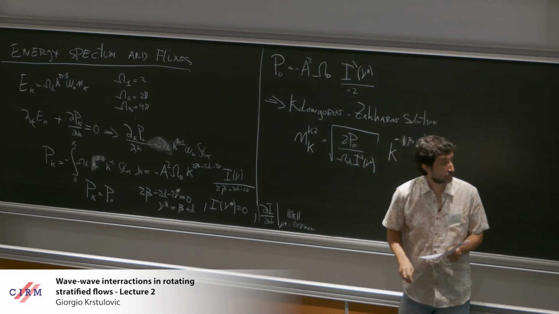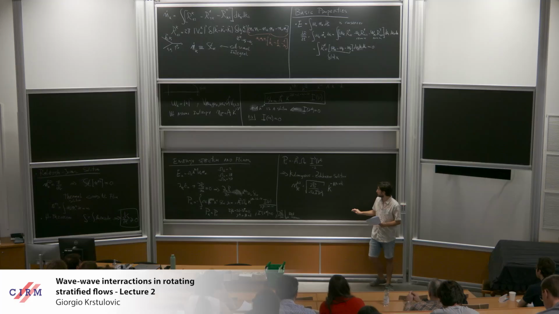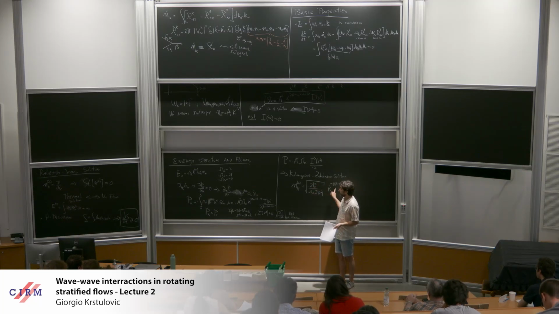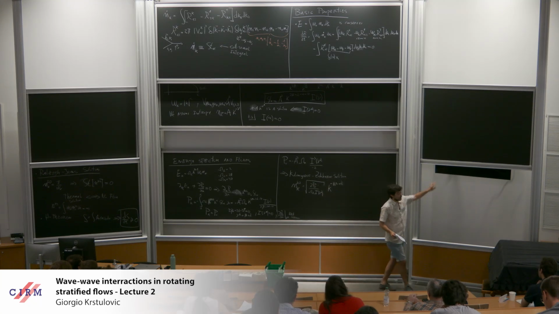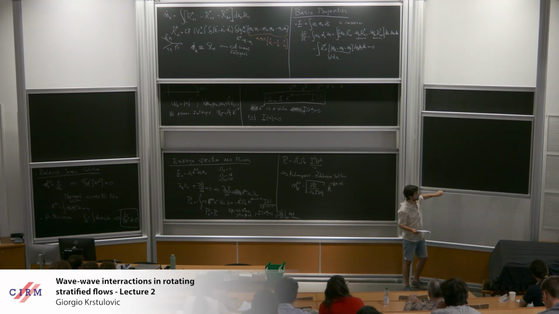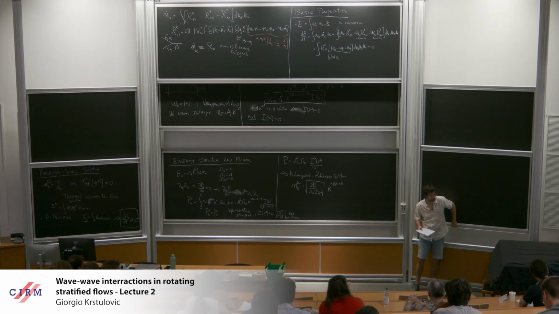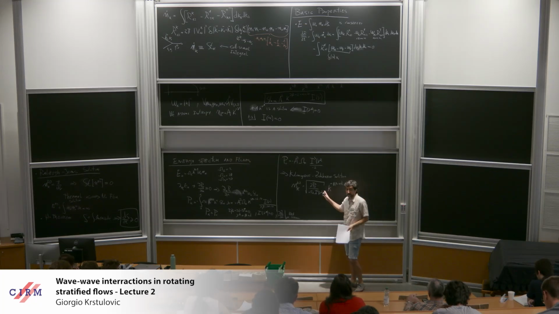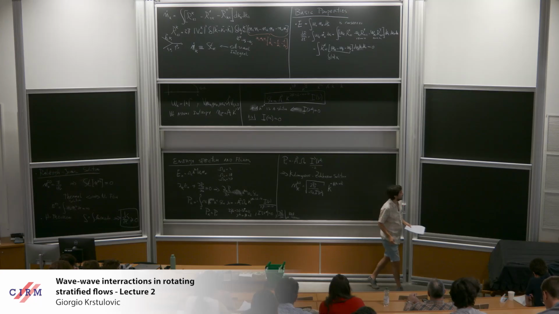Okay, so this looks pretty nice, and this is a solution. You see, this is something you can compute analytically a priori. If I input in my system a flux of energy P naught, then this should be the solution that carries a constant flux. So this is very nice, but of course I'm making a lot of assumptions, and we need this solution to be valid, and there is a definition for that.